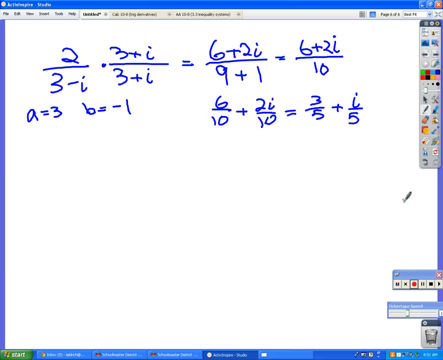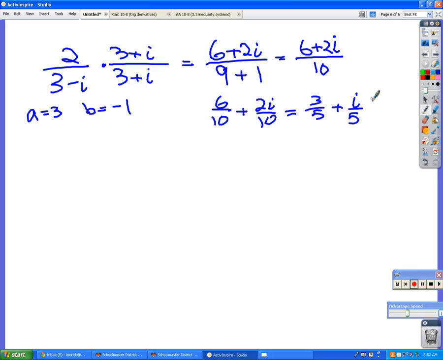Okay, so when we multiply the top and bottom by the complex conjugate of the denominator, that got the denominator down to just a real number, and then we can take this fraction and break it up into 2 pieces, the real part and the imaginary part. Did a little 8th grade reducing of my fractions. Where did you get your a and b from?